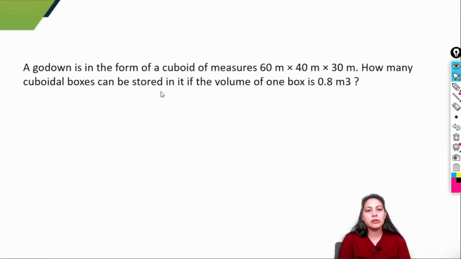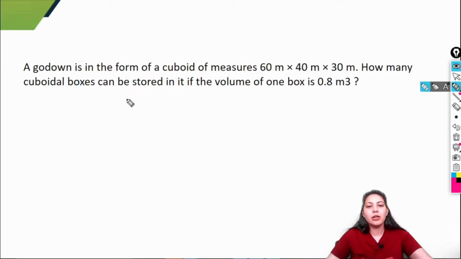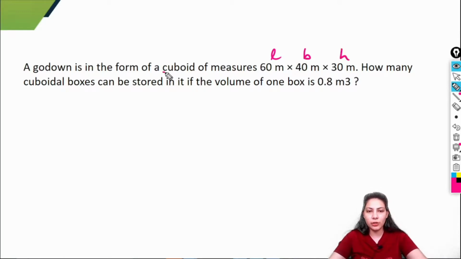A godown is in the form of a cuboid of measure this. The length, breadth and height of the cuboid are given. How many cuboidal boxes can be stored in it if the volume of one box is this.